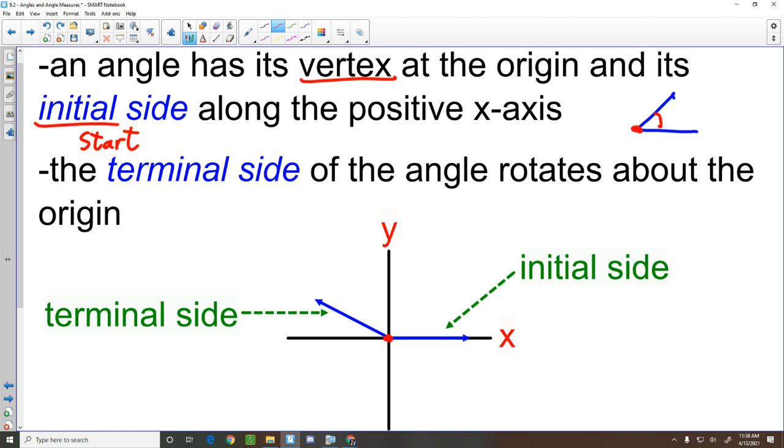The initial side of these are always, always, always going to be on the positive x-axis. This is kind of locked in on that positive x-axis, the axis off to the right. That's always our starting point because that's 0 degrees. So that initial side never changes. The other side of the angle, though, does change. That's called the terminal side. And terminal means the end.